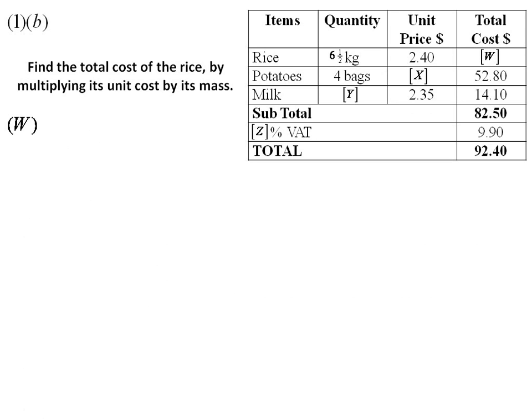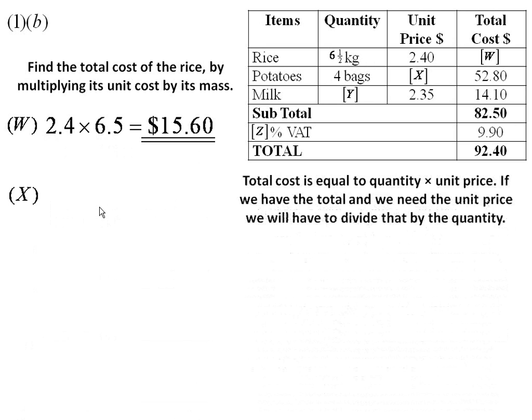We need to multiply the quantity by the unit cost, and that will give us the total cost. On the other hand, the total cost is equal to the quantity multiplied by the unit price. If we have the total and we need the unit price, we will have to divide that by the quantity.